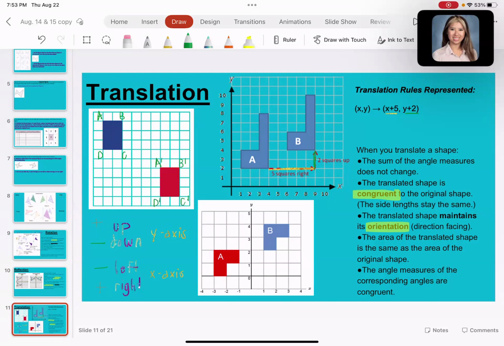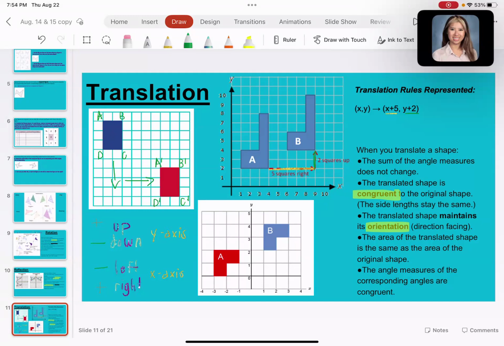So the prime is what we call that little apostrophe next to the letter. And that's how we know that's the new shape, right? The old shape, the original shape won't have the letters. So this shape has been translated down and to the right, but we can see that the positions of the letters are still in the same corners, in the same places.